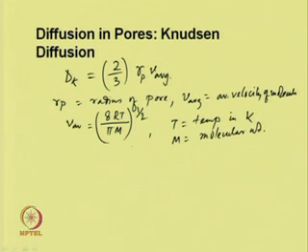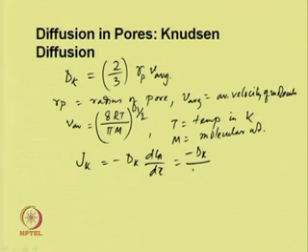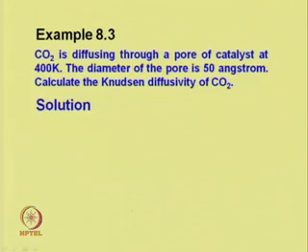Now, the Knudsen flux can be obtained similar to Fick's law: J K is equal to minus D K d C A by d x, which is equal to minus D K by R T d P A by d x. Now, let us take a very simple example.